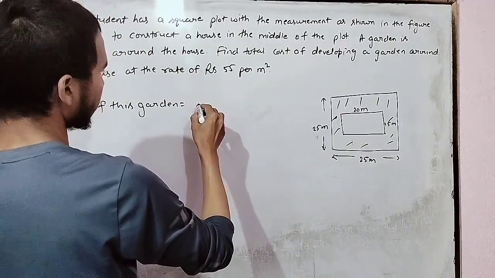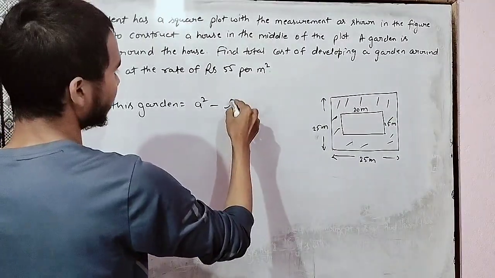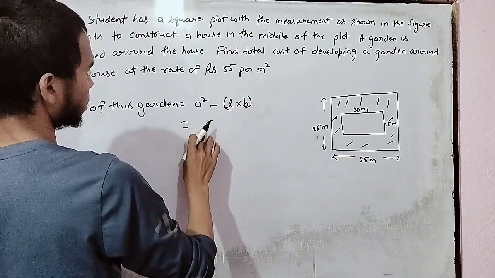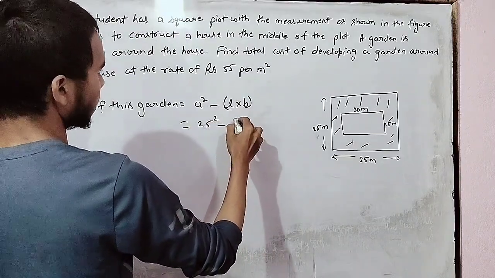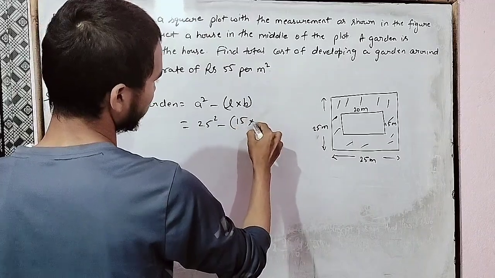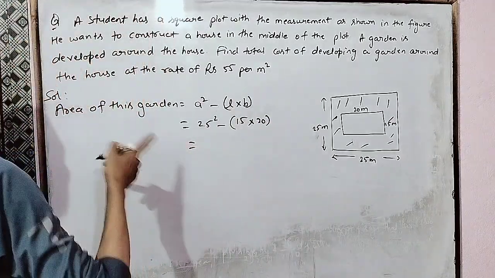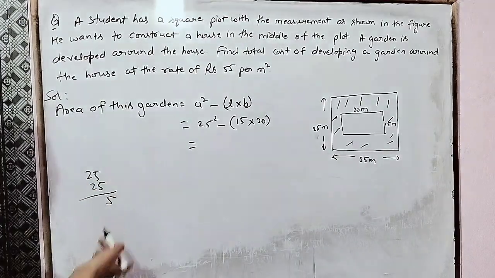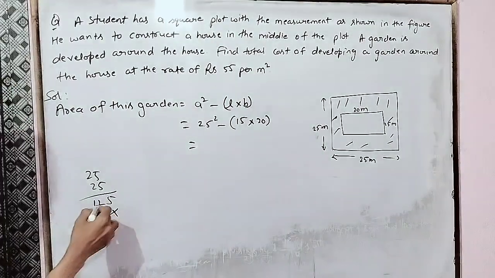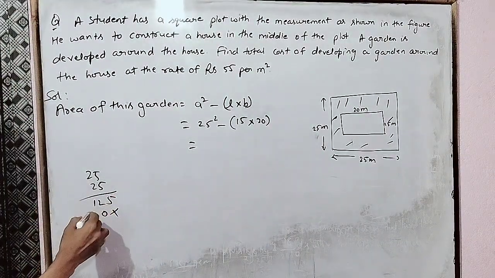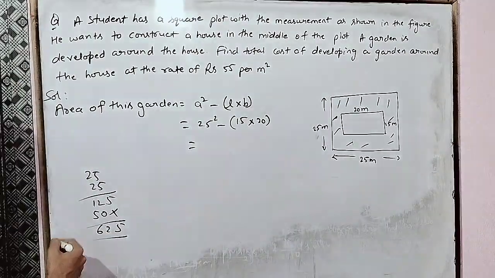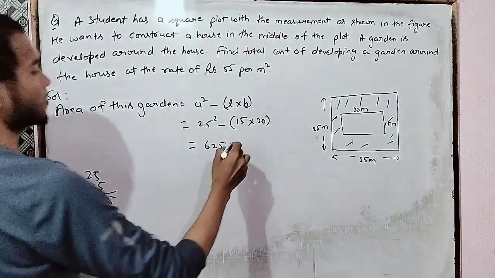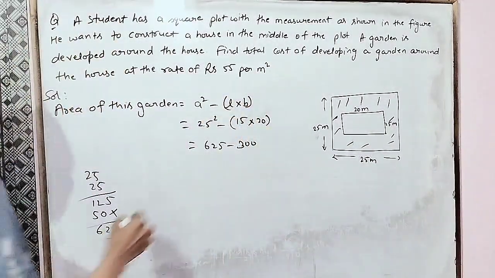So a squared minus a times b. a squared is 25 squared, which is 625. Then l is 15 and b is 20, so 15 times 20 is 300. Then 625 minus 300.